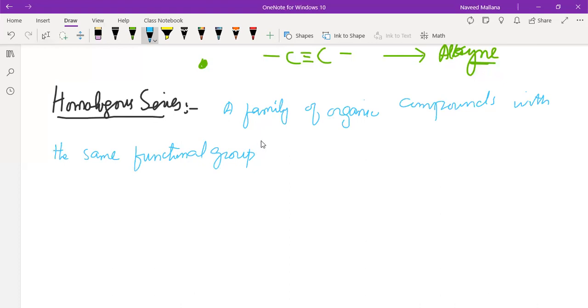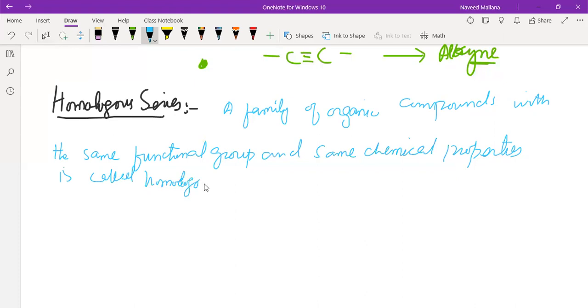As you know, same functional group will impart same chemical properties in the compound or in the molecule, and same chemical properties is called homologous series. Do you understand?